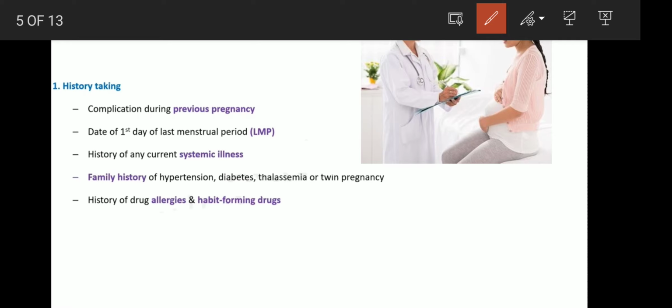The danger signs of the pregnancy we will discuss in detail later. For now, even during the history, if there are symptoms like fever or palpitations, headache, blurring of vision, burning micturition, or if the fetal movements are absent, these are all danger signs. So we also have to inquire about all of these, and if they are present, we have to record it in the history as well.